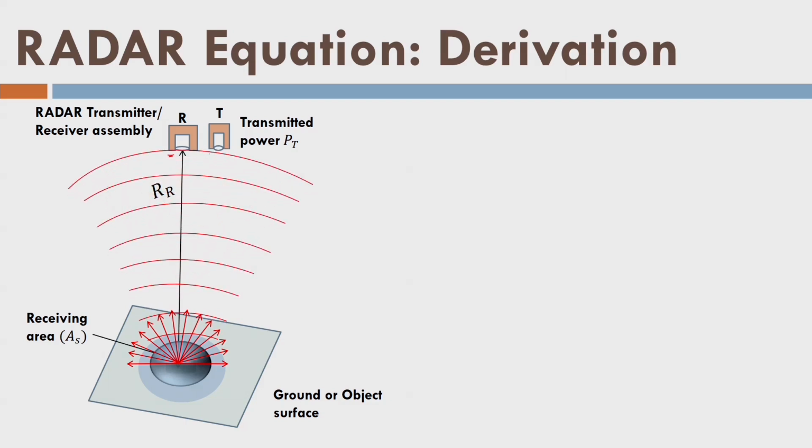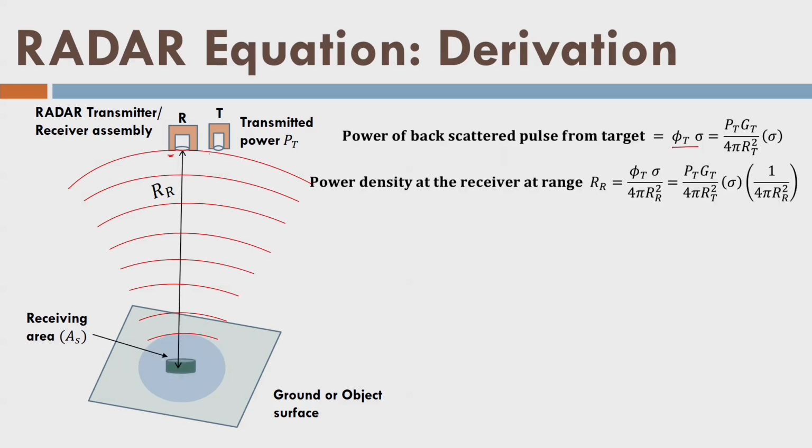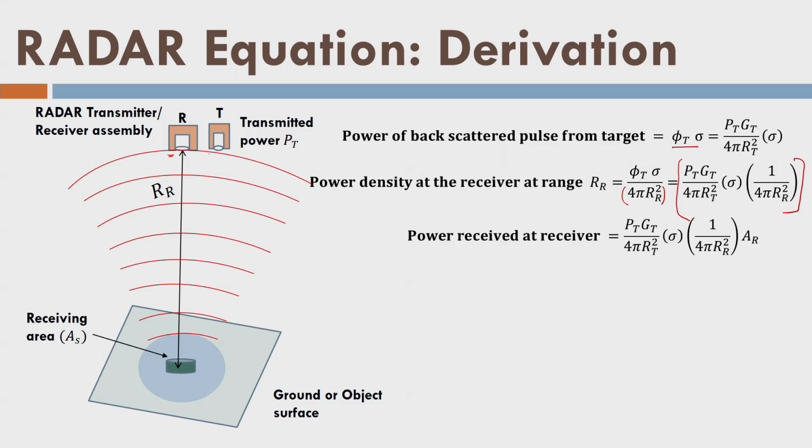The radius of the wavefront is now RR. So the power density at the receiver at range R will be divided by the area of the wavefront. So we get finally this term here. I hope you agree with that. The power received at the receiver is this one, that is the power density, multiplied by the area of the receiver.